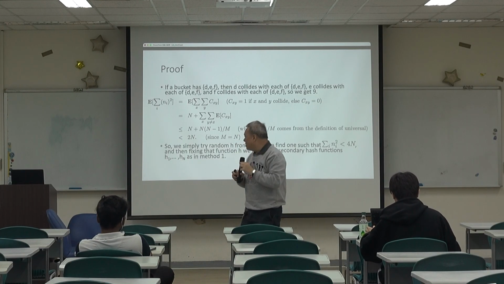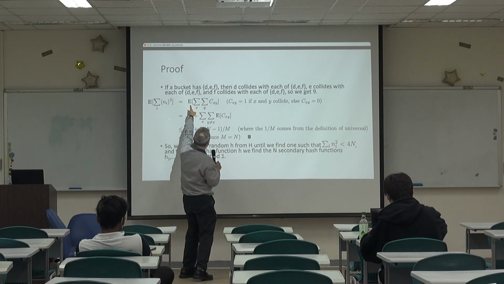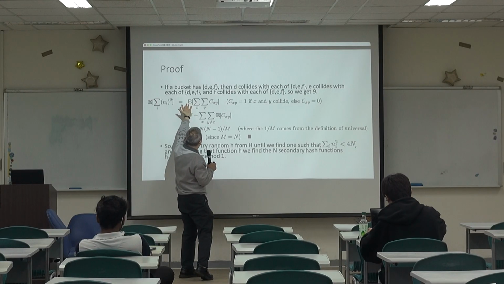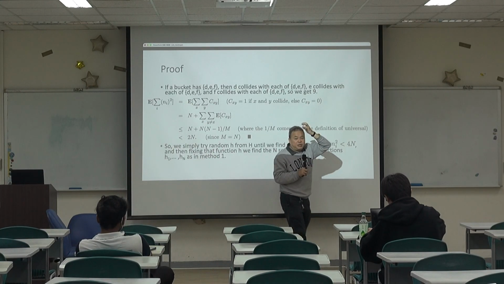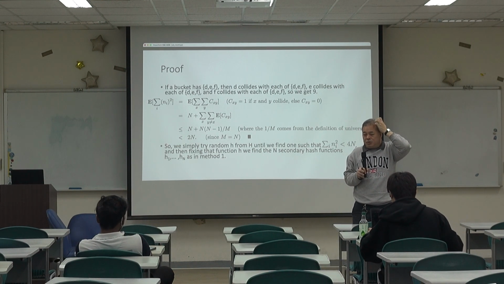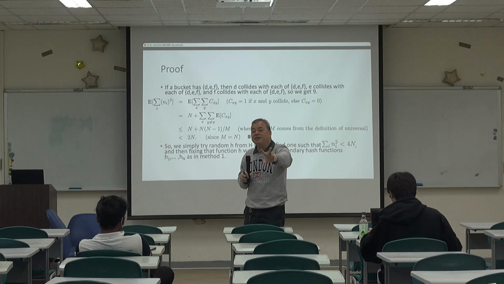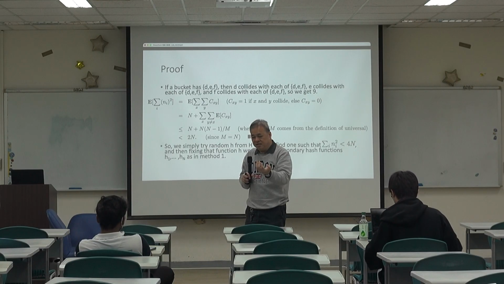Because if you consider this, the size of this table is exactly n squared. The reason we want to do this is to make sure the size of the table is n squared. Think about this. If you have 2 elements, for example, A, B, then we count A colliding with A and B, B colliding with A and B, so 4, right? Again, it's 2 to the power 2, right? So this is how we result in n squared.